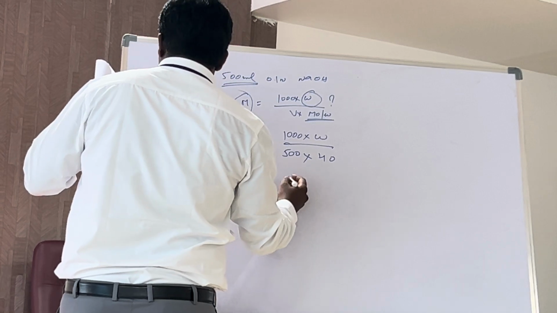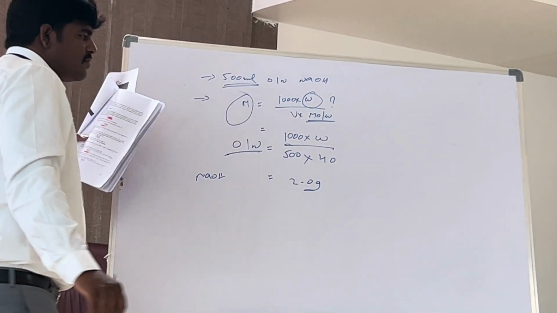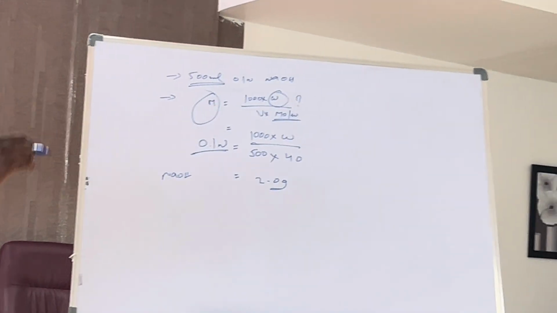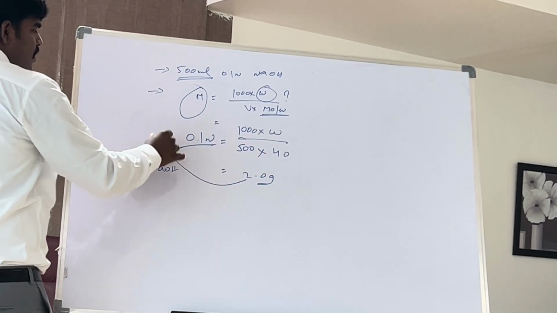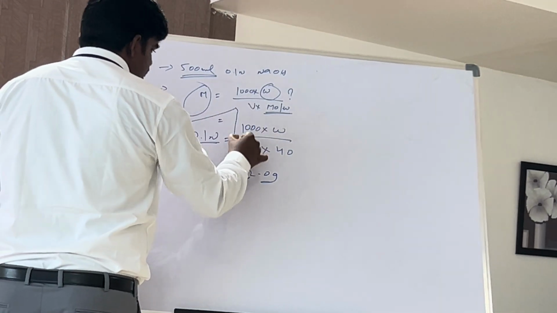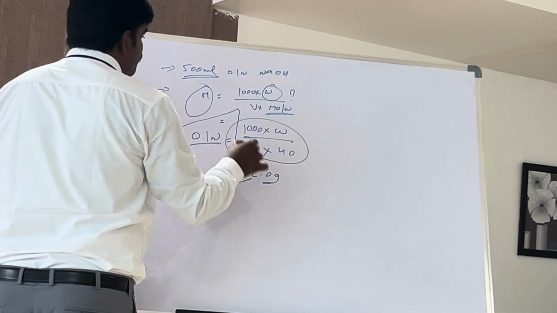If you calculate, you will get 2.0 grams. That means to prepare 0.1 normal NaOH, take 2 grams of NaOH in 500 ml of solution.